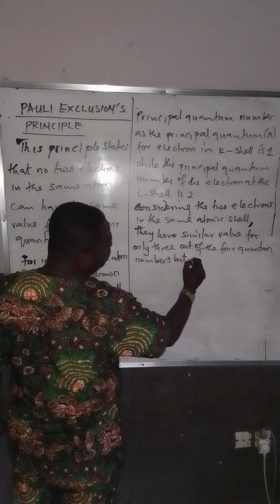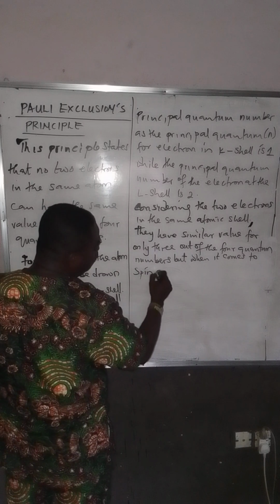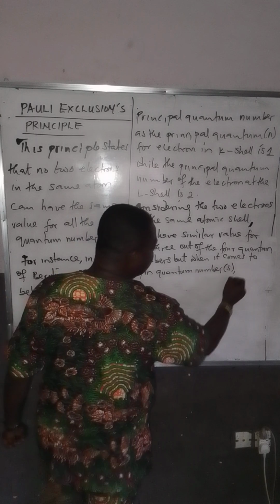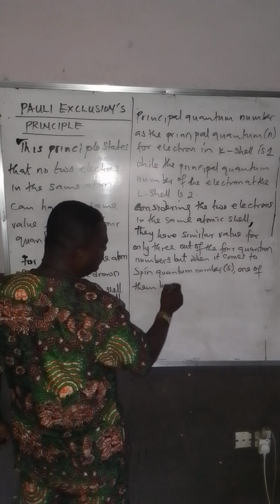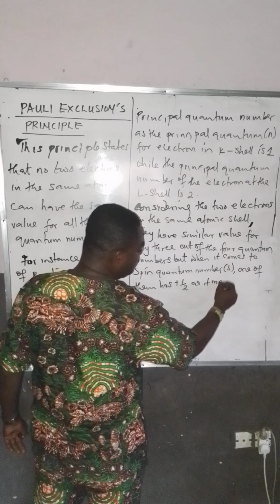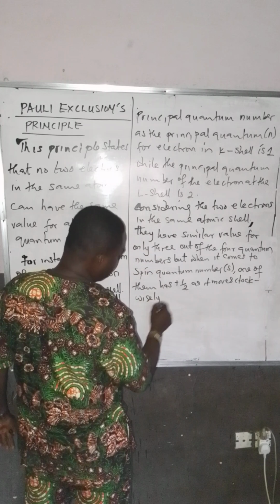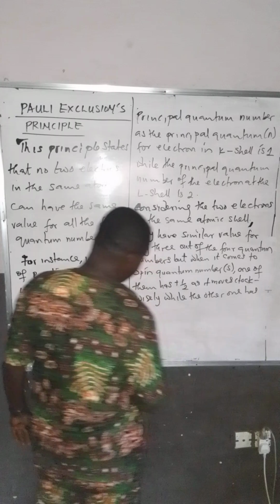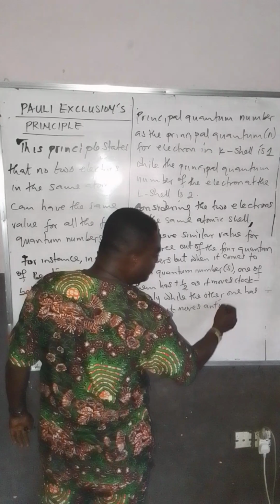But when it comes to the spin quantum number, s, one of them has +1/2 as it moves clockwise, while the other has -1/2 as it moves anti-clockwise.